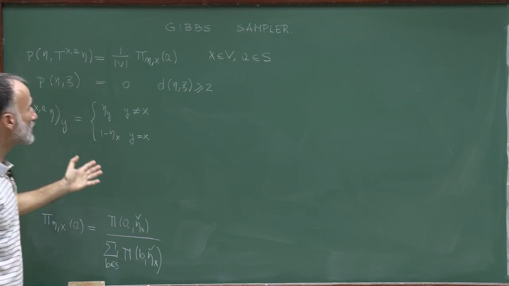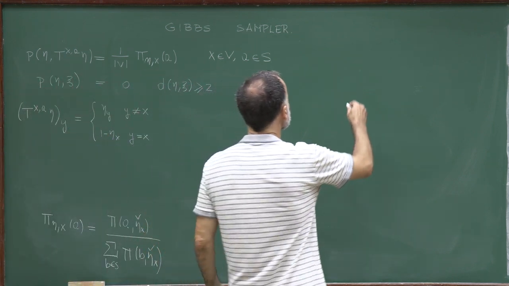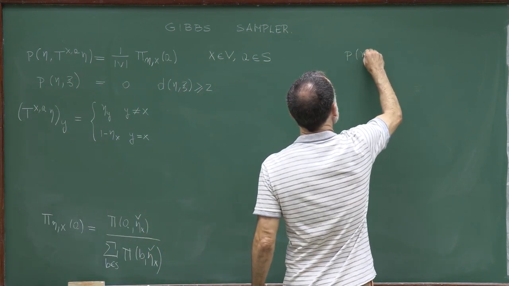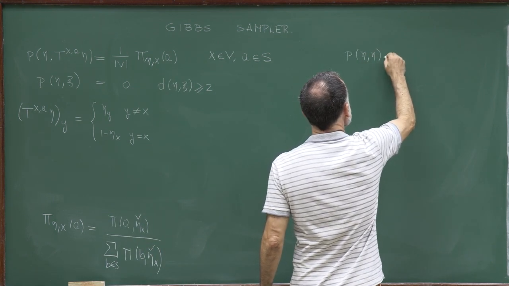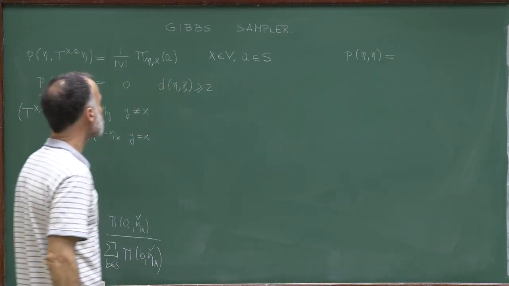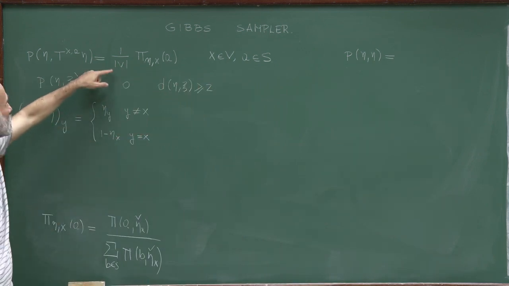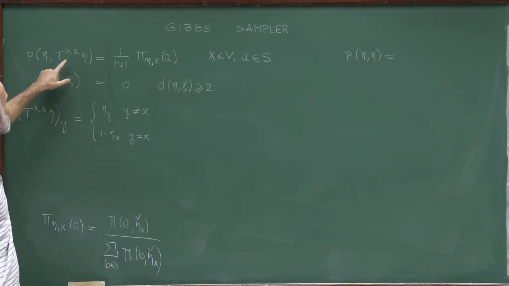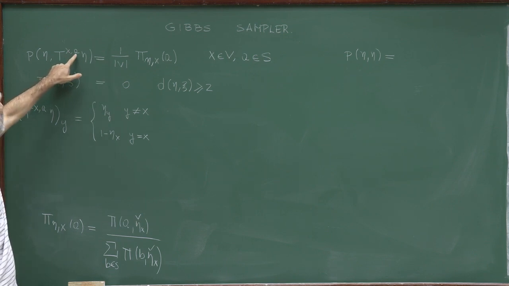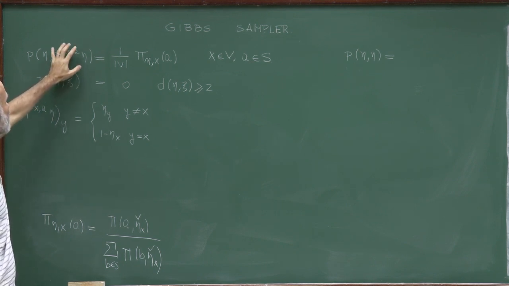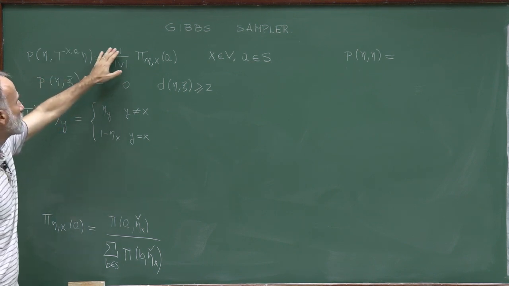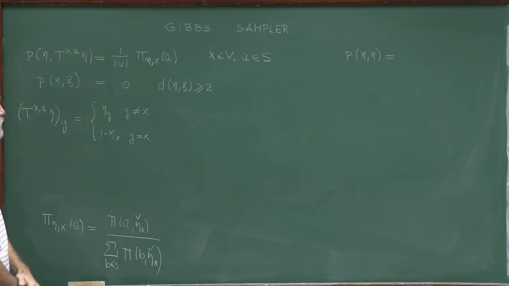And, well, in this formula, it's hidden the probability that you jump from eta to eta. If you want the probability that you jump from eta to eta, you have to sum over all these, because you see, if you take a equal to eta x, then t x eta x of eta is eta. And so this gives you a positive probability that you jump from eta to eta.